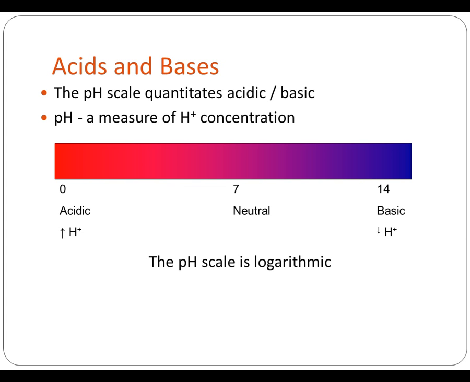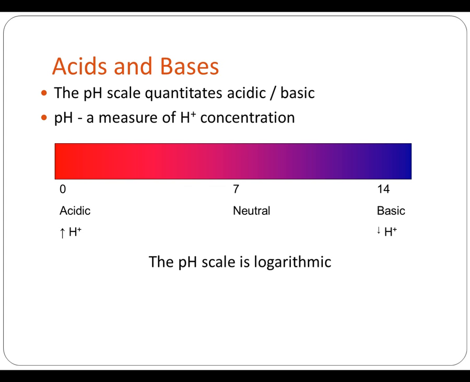So bases have low levels of free hydrogen ions. If there's a bunch of hydrogen ions in solution, the solution is probably acidic. If there aren't many free hydrogen ions, the solution is probably basic, or you can use the word alkaline.